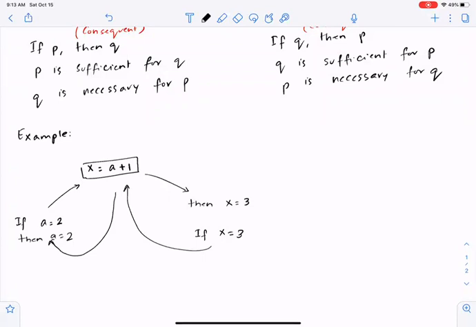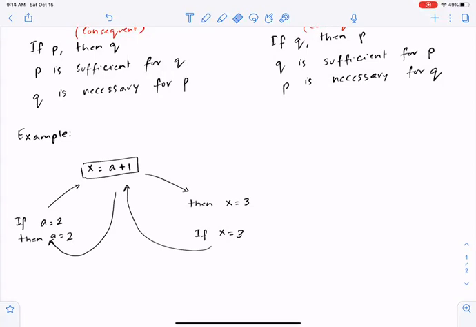So I can go in the forward direction. I can go back in the reverse direction. Both of them work. So if P, then Q. If Q, then P. Provided I have that equation.